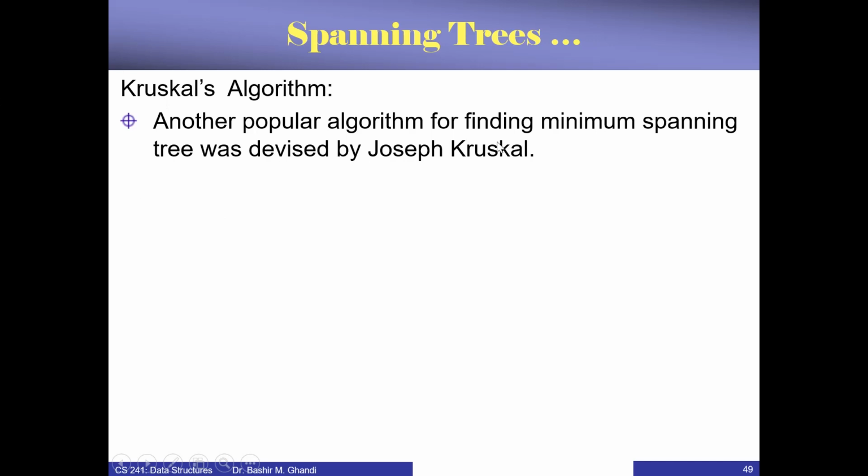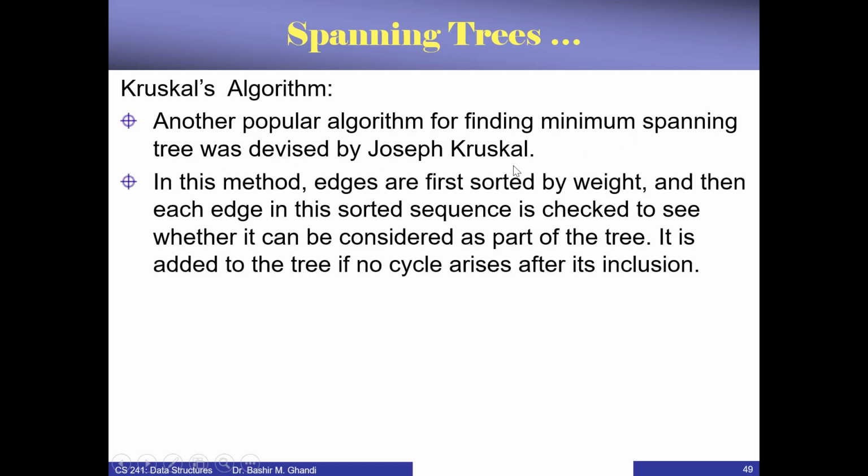Another popular algorithm for finding minimum spanning tree or minimum cost spanning tree was devised by Joseph Kruskal, that is the full name. In this method, edges are first sorted by weights. So this is the first step in this algorithm. Sort your edges according to their weights.